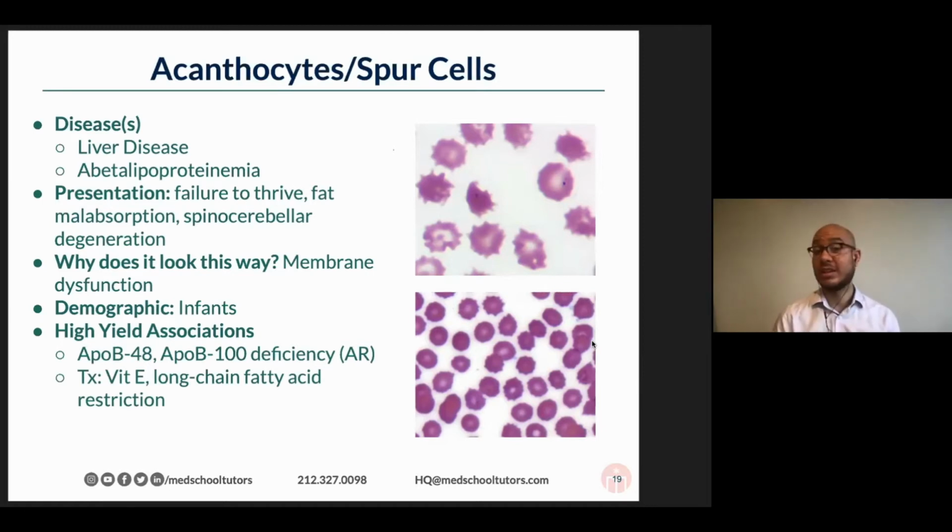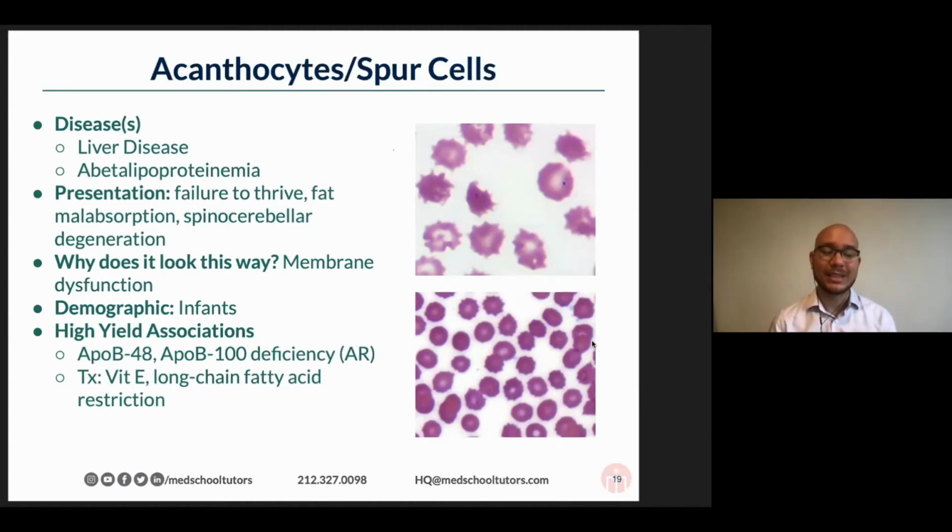Of course, the association here is with liver disease and a rare diagnosis of A-beta lipoproteinemia. The presentation you'll find there, typically in kids, because it's a disease of childhood, a germline disease, and it looks that way because the membranes are messed up, right?